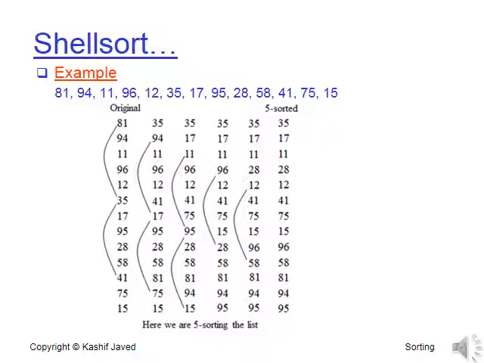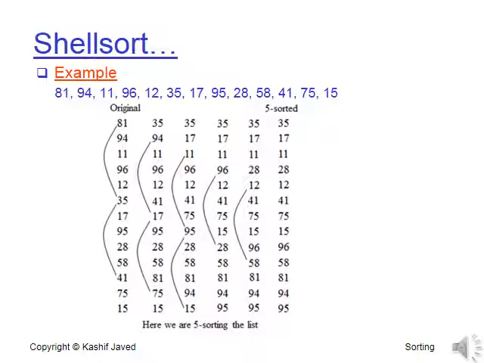For the fifth increment or gap, we will look at numbers 81, 35, and 41. Sort in order or swap the values such that we have the numbers as 35, 41, and 81. Then look at numbers 94, 17, and 75. Similarly, swap the values as well such that we have 17, 75, and 94.